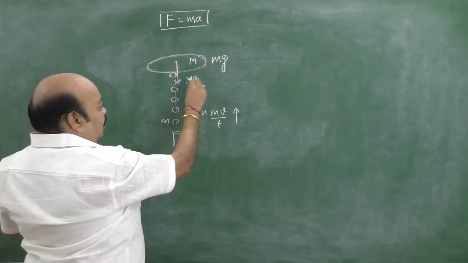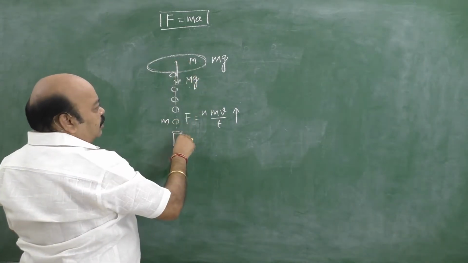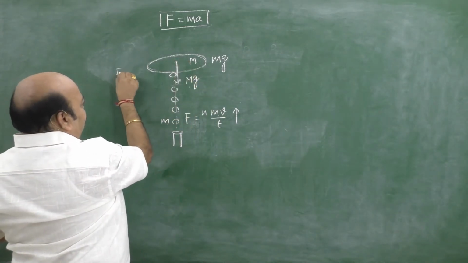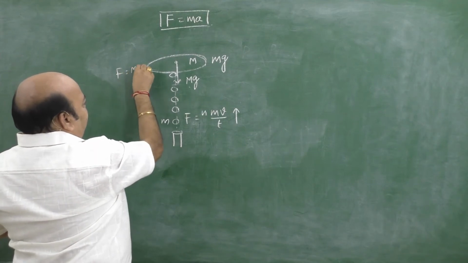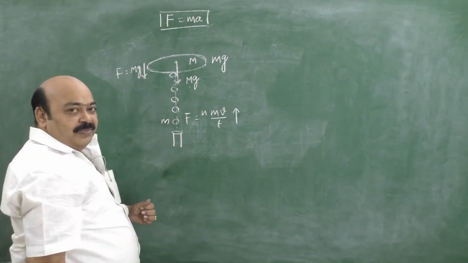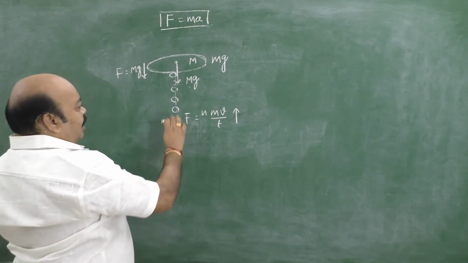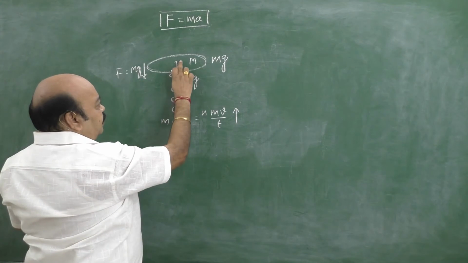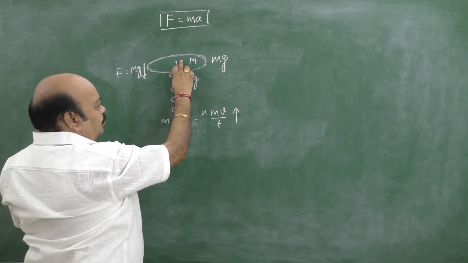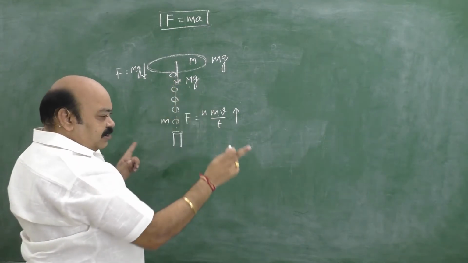Right? Now what is the force acting vertically downward? Vertically downward force is Mg. Now we can adopt Newton's law very comfortably. The force exerted by the sphere on the plate is action, whereas the force exerted by the plate on the sphere is reaction.